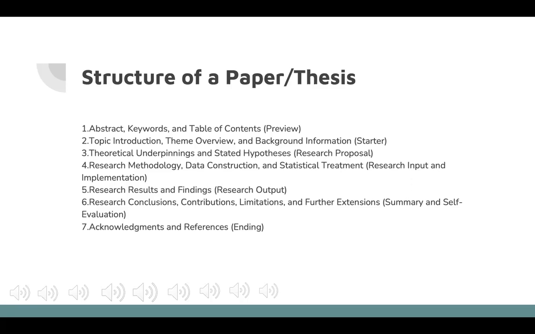For example, if you're writing a paper in economics, the JEL, the Journal of Economic Literature Classification, is a common standard. If you're writing a thesis, then you should have a table of contents in the first page so that it helps the readers understand the development of your arguments and your research.